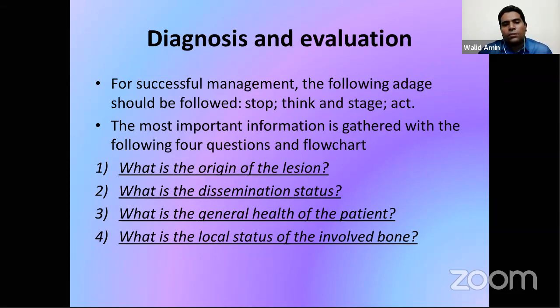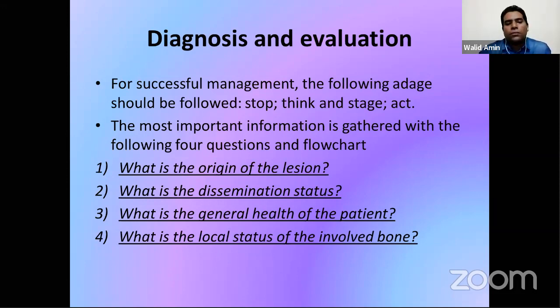We also need to know the general health of the patient before management, which can be deduced from the patient history about nutrition, weight, and cognitive status. We need to know the hydration status, and if surgery is planned, the laboratory studies should include a complete differential blood cell count and other blood investigations.